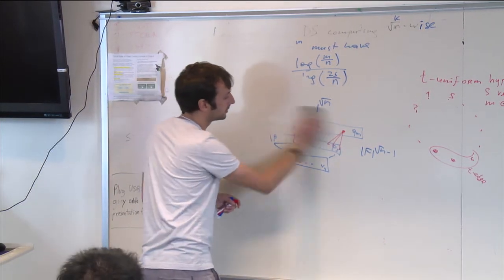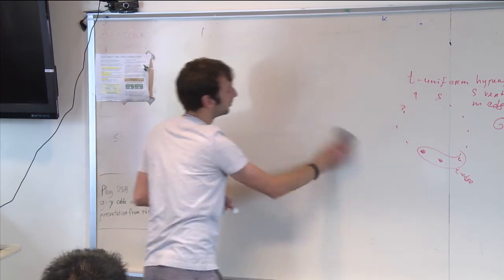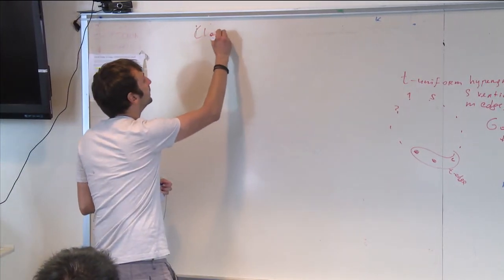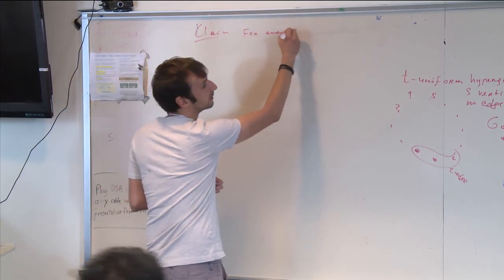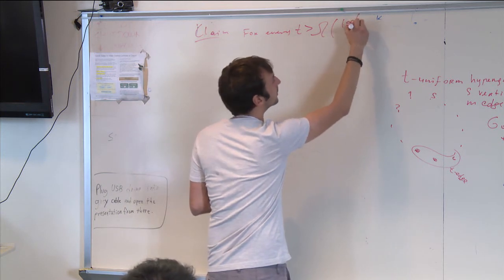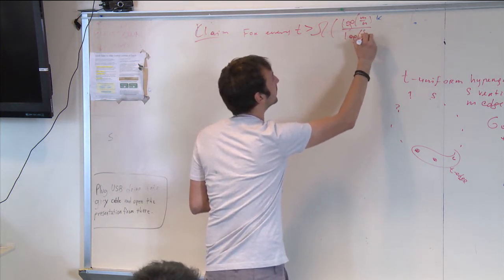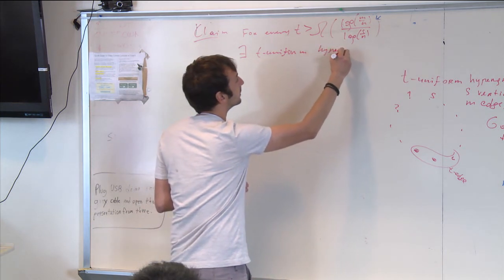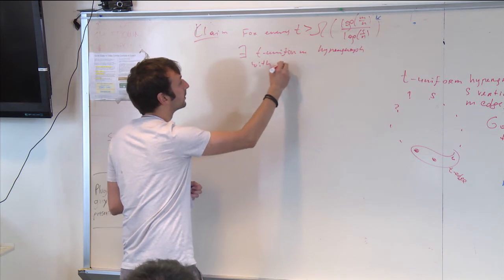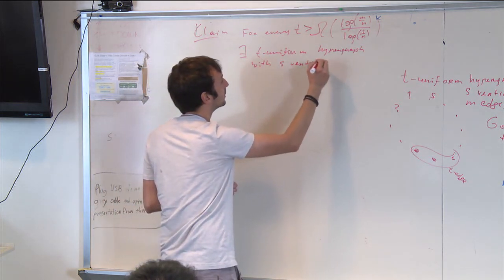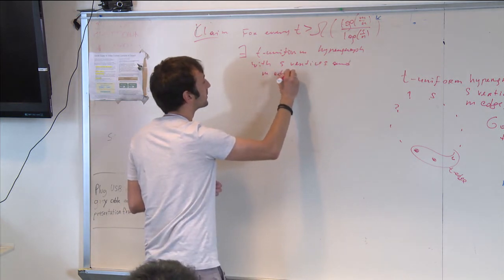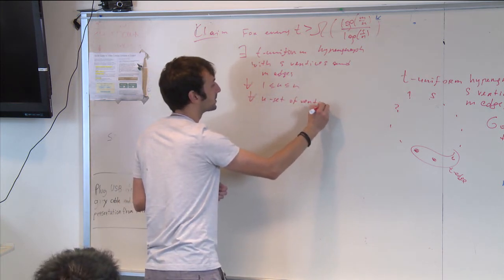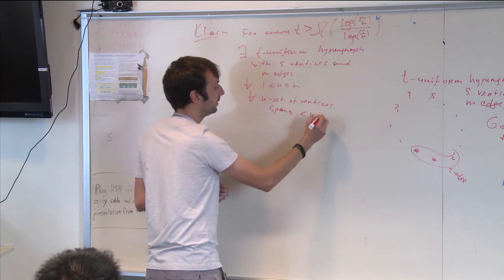Using this technique, you can't prove a better lower bound because for every t which is greater than this, there exists a t-uniform hypergraph with S vertices and M edges, such that for every k and for every k-set of vertices, it spans fewer than k edges.